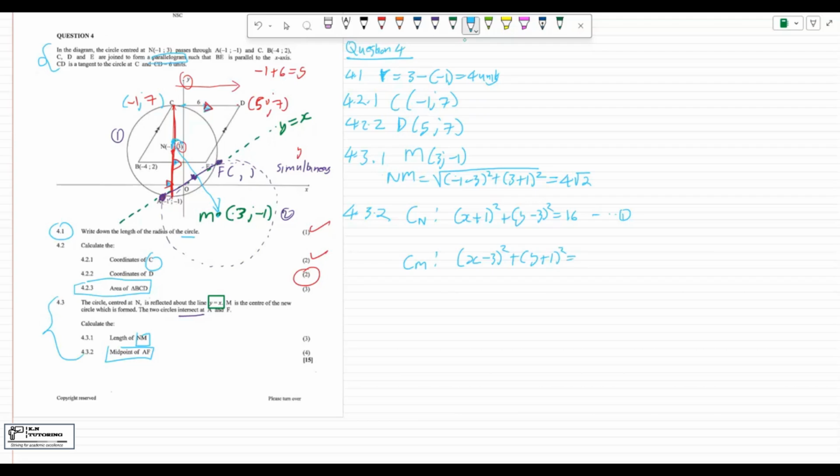Because it only reflected. It didn't become smaller or bigger. It only reflected, so it still has the same radius of 4 units. So 4 squared is going to be 16. So this is my equation 2. Now I've got 2 equations with 2 variables. I can solve this simultaneously. All right, back to algebra. It's up to you how you want to do this.